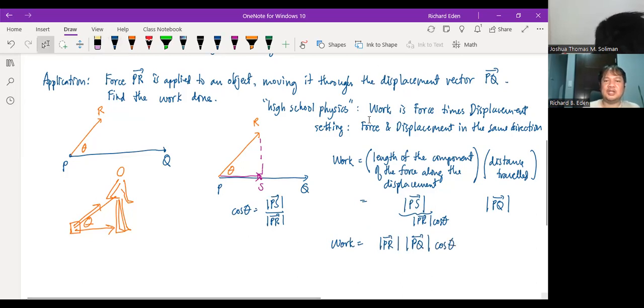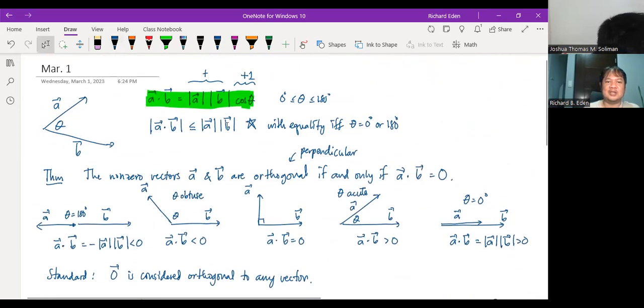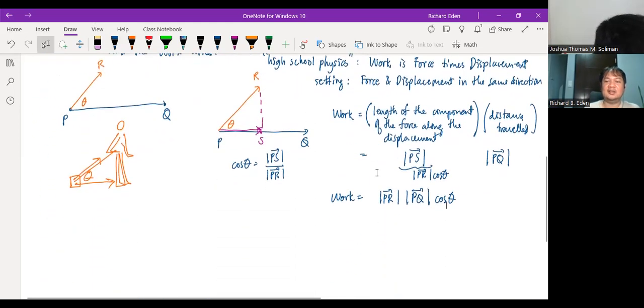And then if we go back to that thing in green, look at the right side. The product of the lengths of the two vectors multiplied by the cosine of the angle between them is merely the dot product of those two vectors. But hey, isn't this expression for work that we ended up with precisely that?